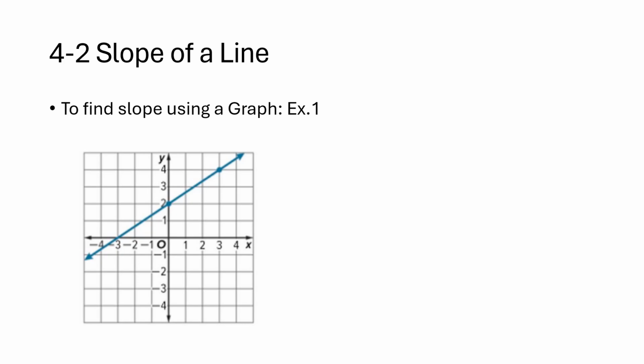All right, so our first example, we are going to find the slope of this line by using these 2 points, this point here at (0, 2), and this point here at (3, 5). Let's see how we can find slope using a graph. Well, first we're going to count the run.